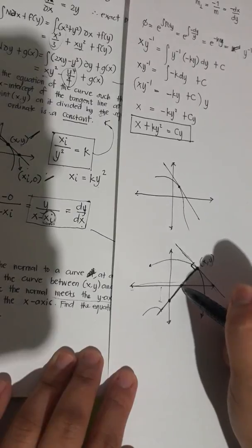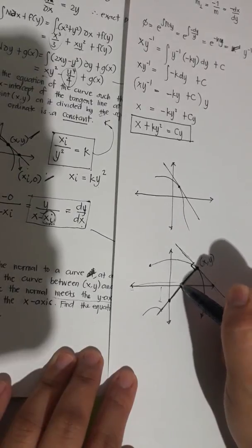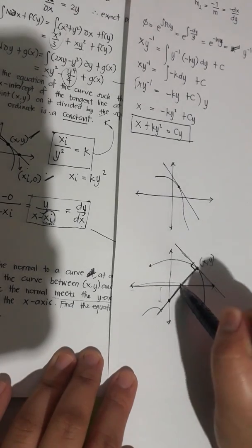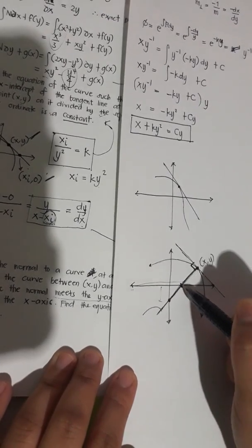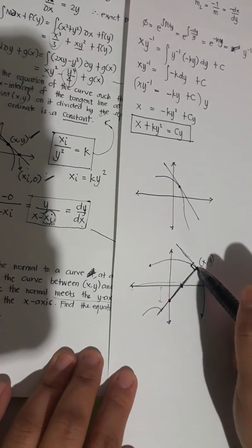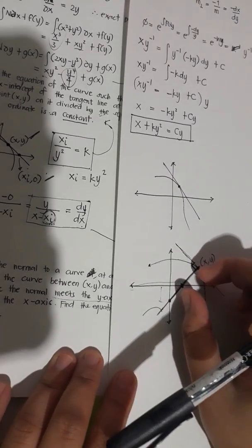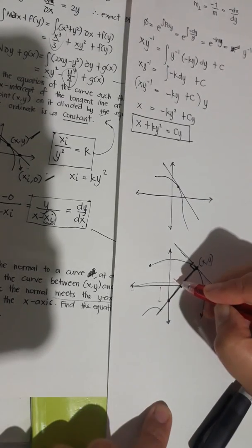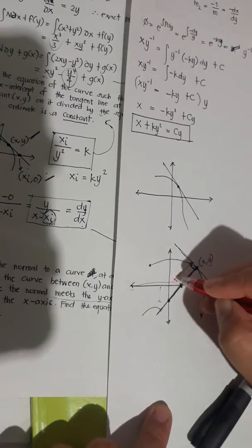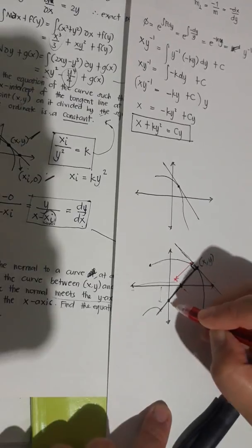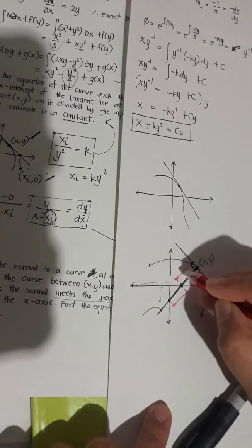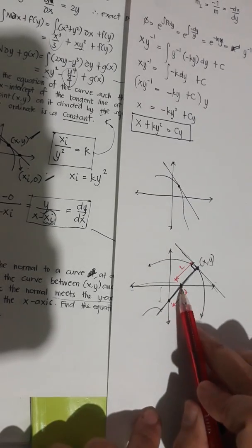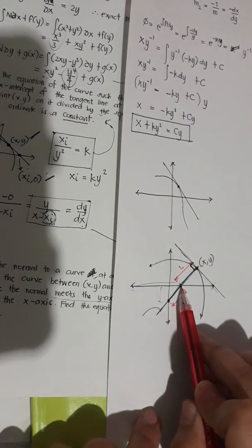Therefore, at this point of intersection of the x-axis, this distance and this distance are equal, because this is the point of bisecting.